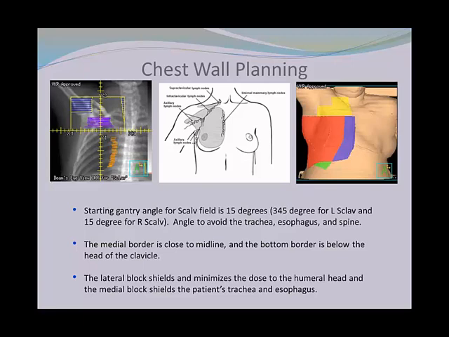Once we did the supraclav field, now with the tangent fields to treat the chest wall, what we want to do first is create a non-divergent border between the tangent fields and the supraclav fields. To create that non-divergent border, normally we create an external contour on the same slice where we have our final supraclav treatment ISO.